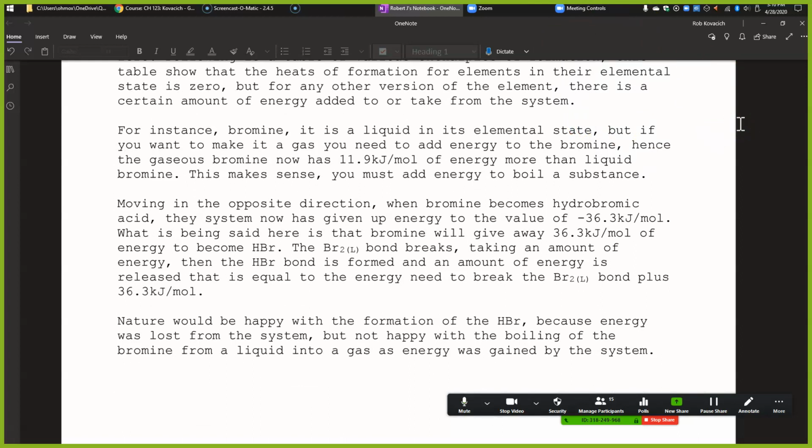Yes. So if I go from bromine to hydrobromic acid, I actually get energy back. So even though I'm a liquid and I'm going to react with a gas and I have to break bonds, I end up getting energy out of it, even though a liquid and a gas get turned into a gas. So a second ago, it went from a liquid to a gas and it took energy.